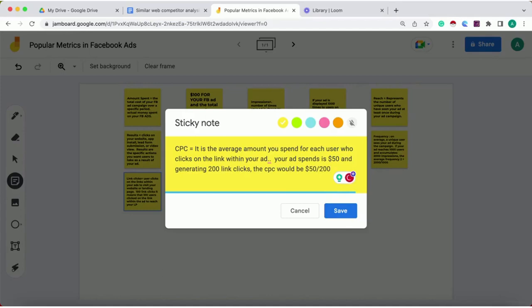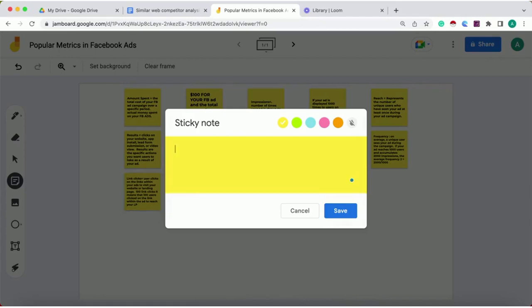The 200 link clicks come in the denominator. By spending $50 you are generating 200 link clicks, so your cost per link click is $0.25.